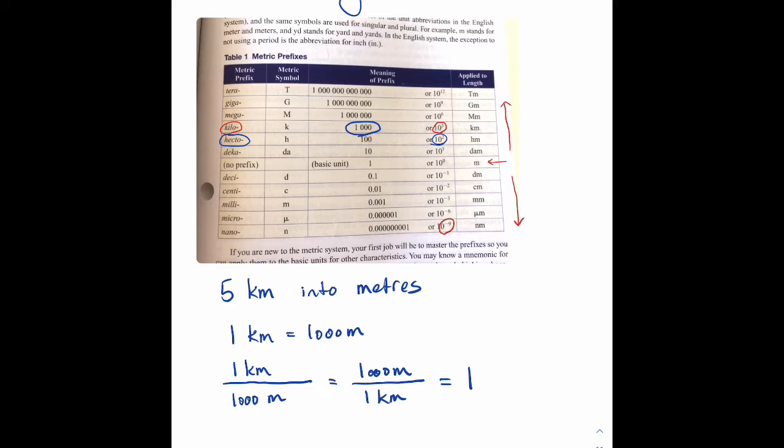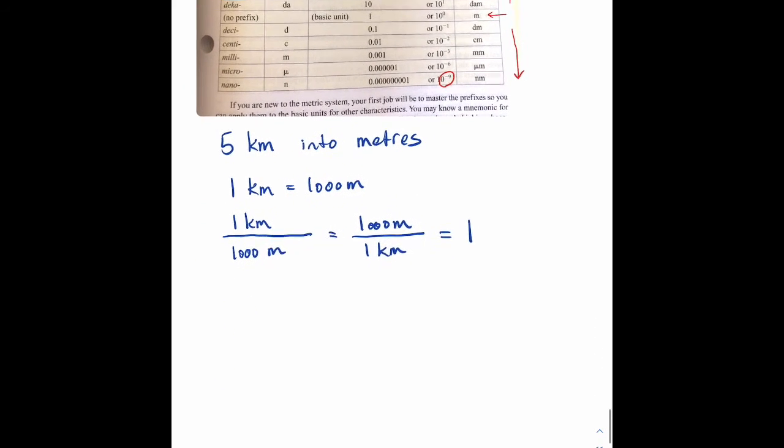Because 1,000 meters and 1 kilometer are equal. So when I divide one by the other, I get 1. But it allows me to multiply by that factor without actually changing the value of the result. And so I can do that and then cross out the unit I don't want anymore.